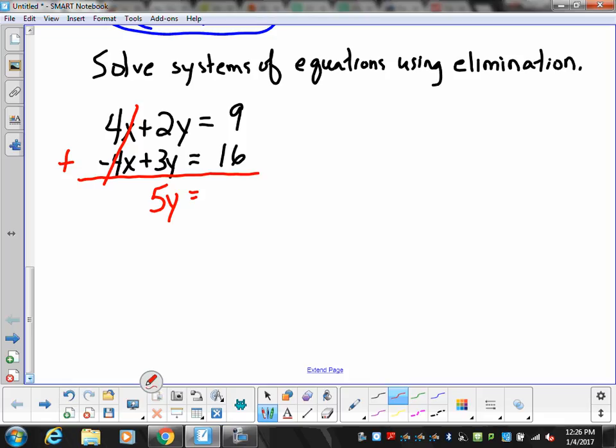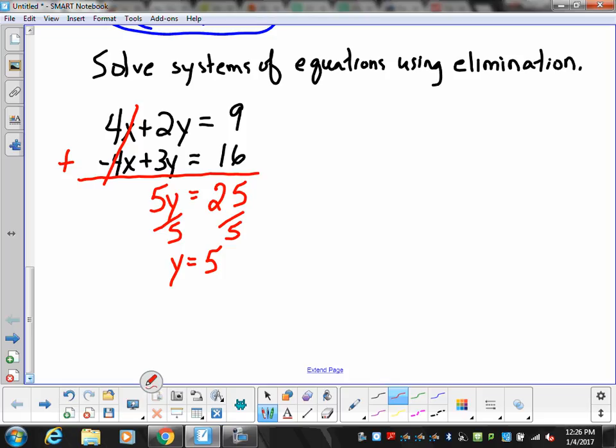And 9 plus 16 is 25. Now, to solve for y, I need to divide both sides by that 5. That gives me y equals 5. Well, I solved for y. Now I've got to go back and solve for x.